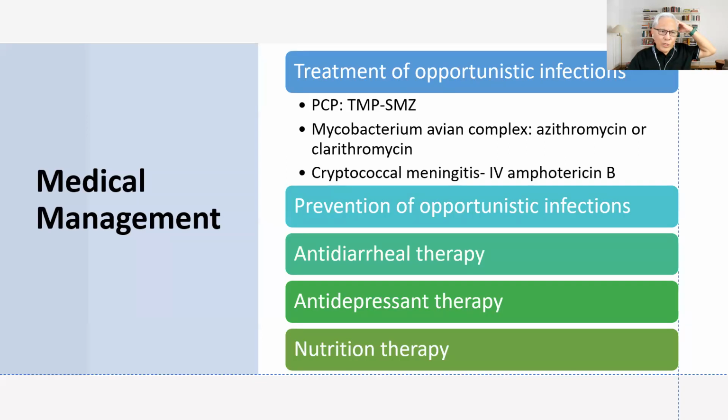All right, so how do we treat, or how do we manage patients with HIV as well as AIDS? Well, the medical management focuses on the treatment or elimination of opportunistic infections. So why the word opportunistic, by the way?